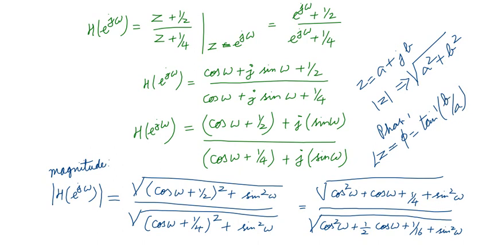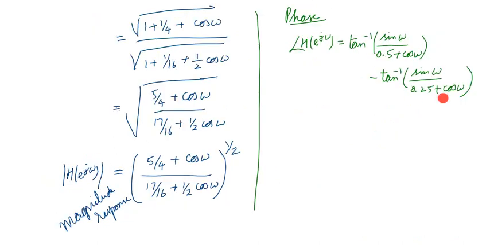Here the imaginary part is sin omega. So tan inverse of sin omega divided by cos omega plus 1 by 2, minus, because if it is a division, the angle becomes subtraction, and if it is multiplication, the angle becomes addition. Since this is in the division term, minus tan inverse of sin omega divided by cos omega plus 1 by 4. The first is for the numerator term and the second is for the denominator. This is the phase.